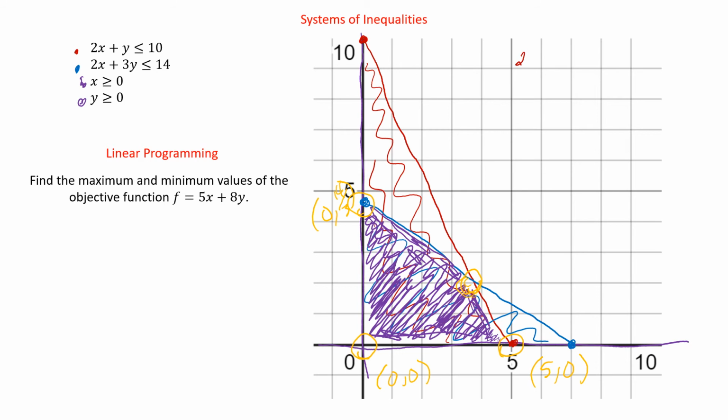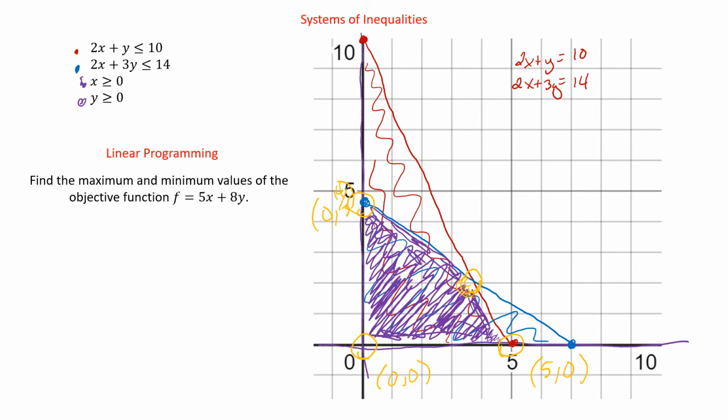So we have 2x plus y equals 10. 2x plus 3y equals 14. Notice I just changed them to equal signs because we're interested in the line right now, not so much the area. So what can we do?